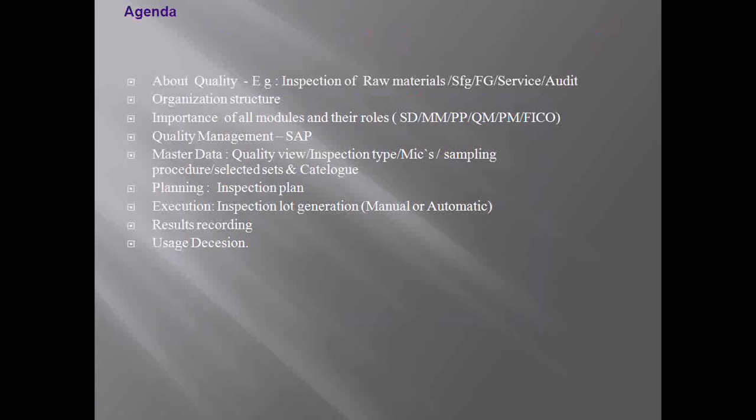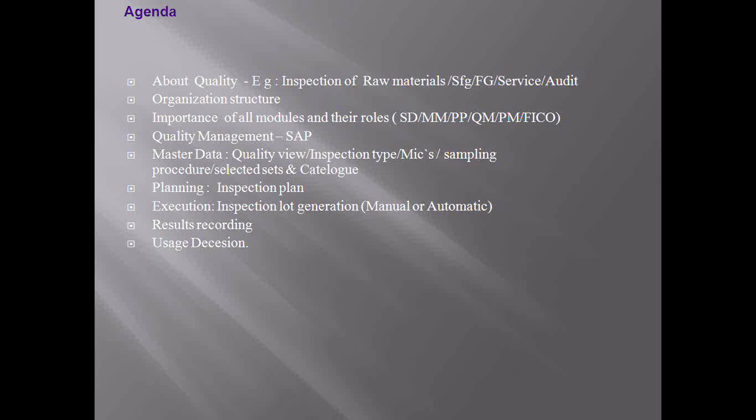So inspection can happen for raw materials which are incoming, SFG which are in process, FG which are finished products or finished goods, or it can also be done for services, or it can be auditing any departments for proper maintenance of records.